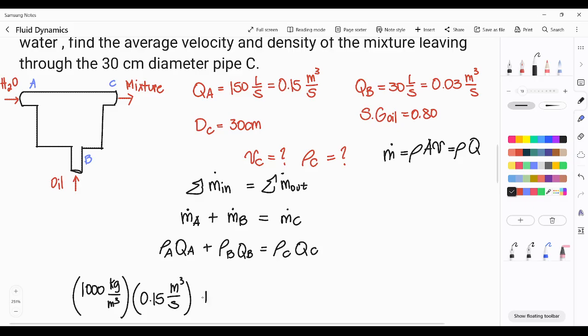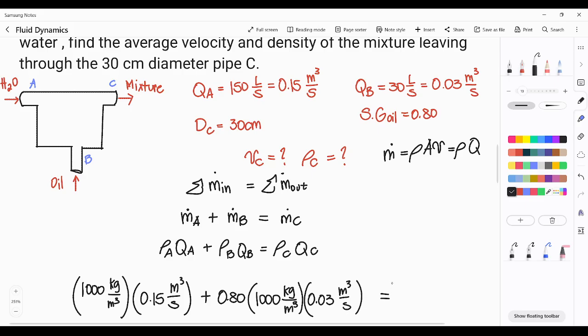And for pipe B naman, we're given SG ng oil. So, simply write it down, tapos multiply mo sa density ng water to get the density of oil. And multiply that to the given naman, yung volume flow rate sa pipe B. Diba 30 liters per second divided by 1,000, you'll get 0.03 cubic meters per second.